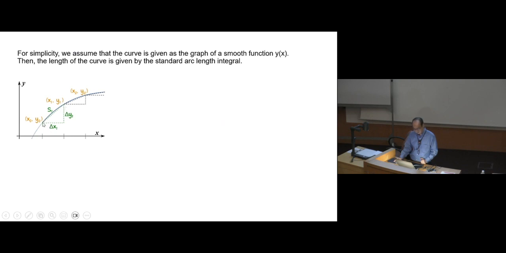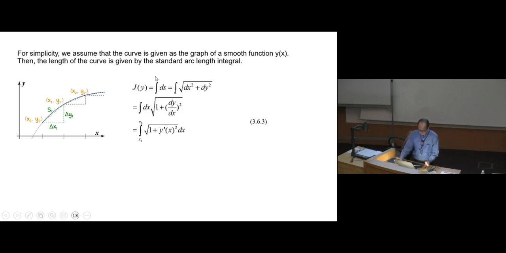The length of this arc we can approximate by this Euclidean distance, the square root of delta x squared plus delta y squared. So the arc length, we just sum up all the small pieces ds. Each ds is just the square root of delta x squared plus delta y squared, expressed in this form. This is just a review of the knowledge from learning calculus.